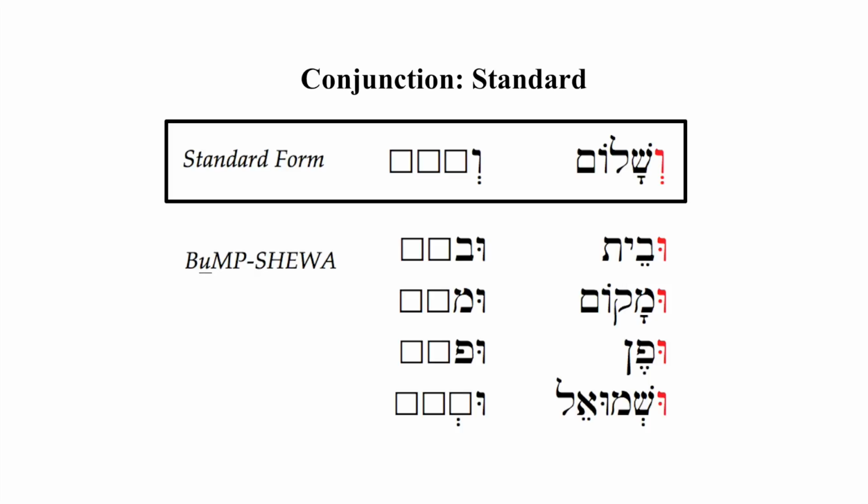Schwa, any consonant with a schwa. Bait, mem, pay, and any consonant with a schwa will always use the oo vocalization of the conjunction instead of the standard. So the bump schwa rule implies that if your word starts with a bait, the conjunction needs to be oo, as in the word beit, house, like Beit Lechem, Bethlehem. So uvet is the way that you would pronounce that.